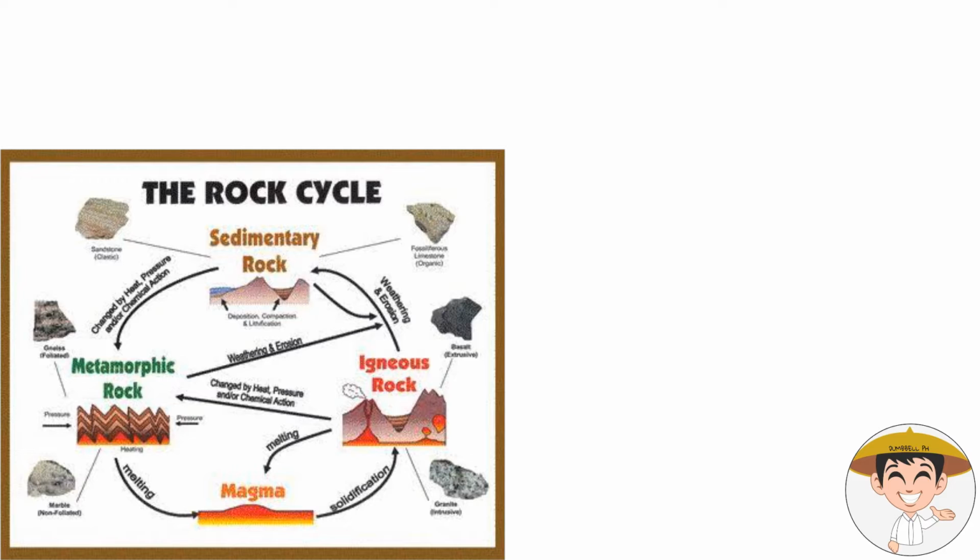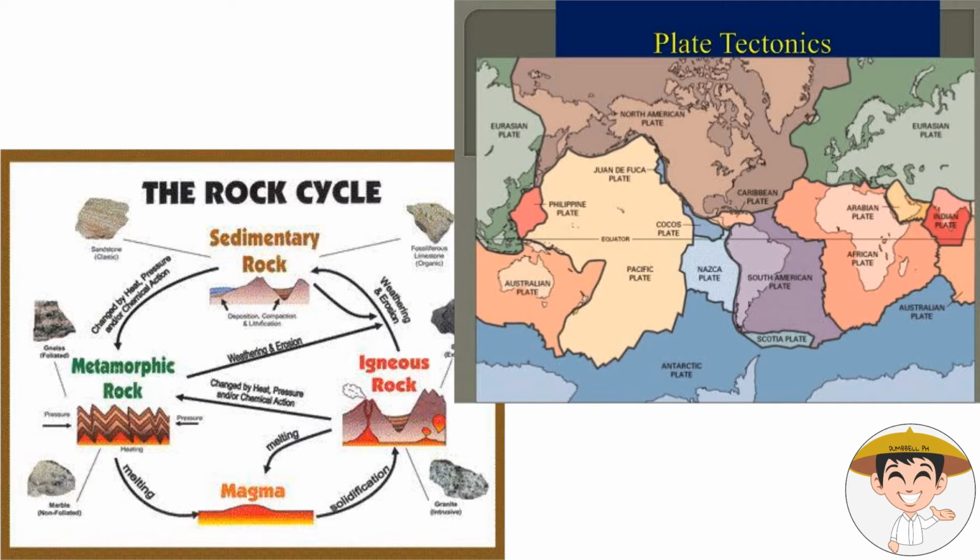Okay? So, the occurrence of a mineral resource in relation to the rock cycle and plate tectonics. The geologic processes involved in the rock cycle play a major role in the accumulation and concentration of valuable elements or minerals. During plate tectonics, the Earth's crust is broken into a dozen or more plates of different sizes that move relative to one another, or the lithosphere.